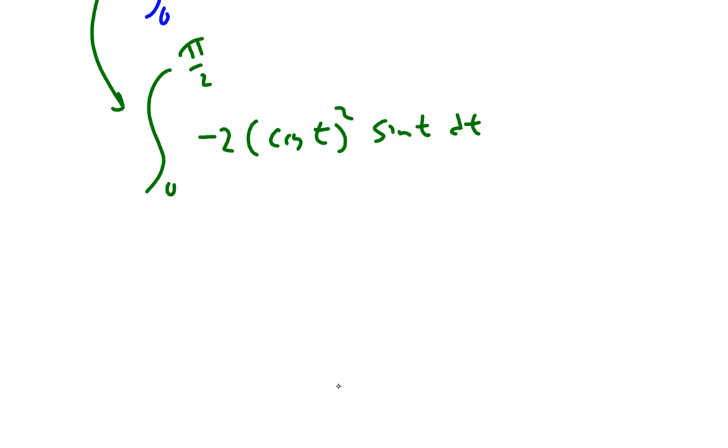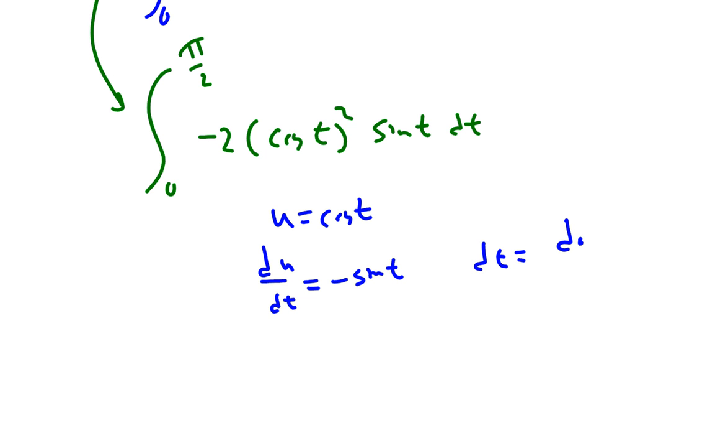So that's not a bad thing. All right, so let's suppose you can use the u substitution here if you want. It's up to you. Let's say you did. Then u would be cosine of t. du dt would be negative sine of t. Or if you want, we can write that as dt equals du over negative sine of t.